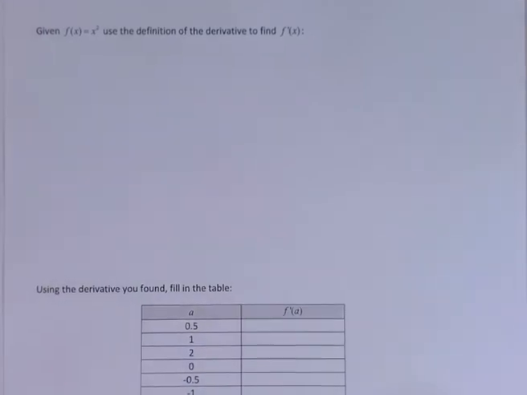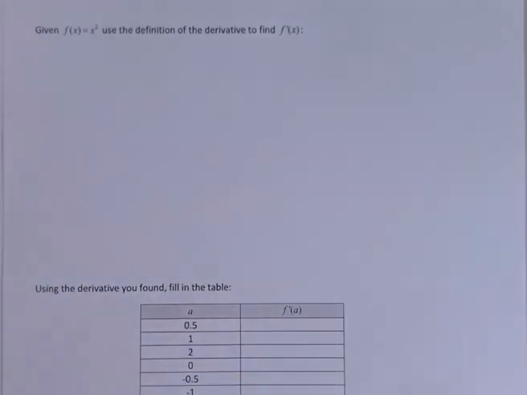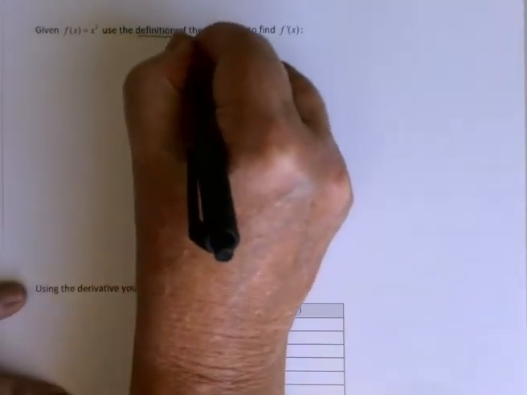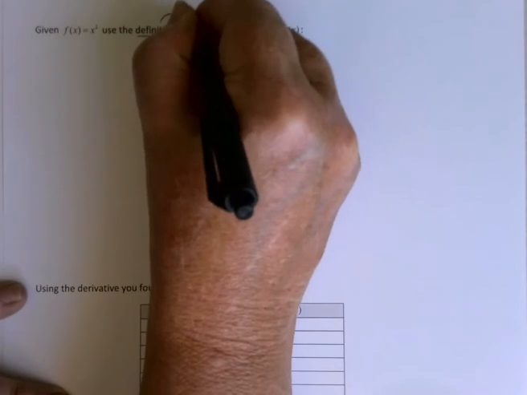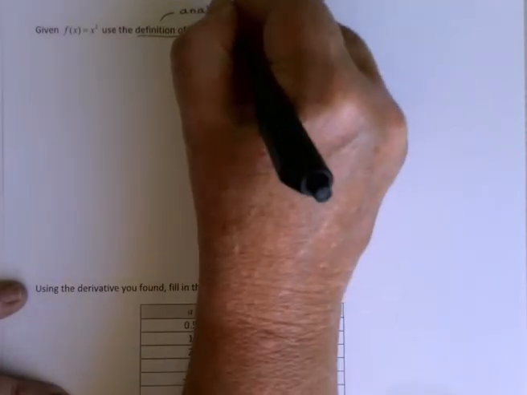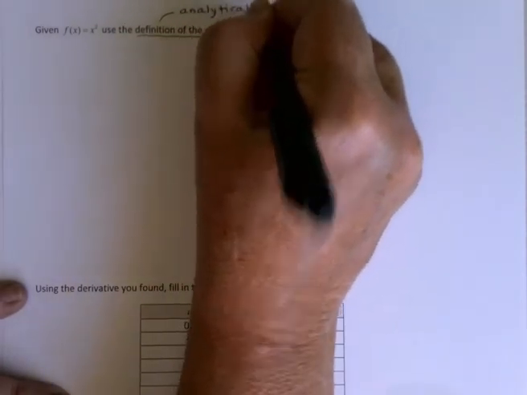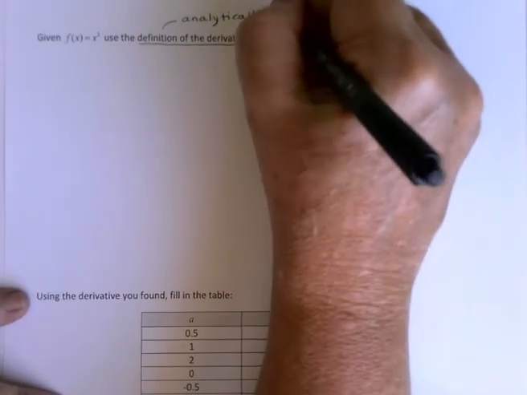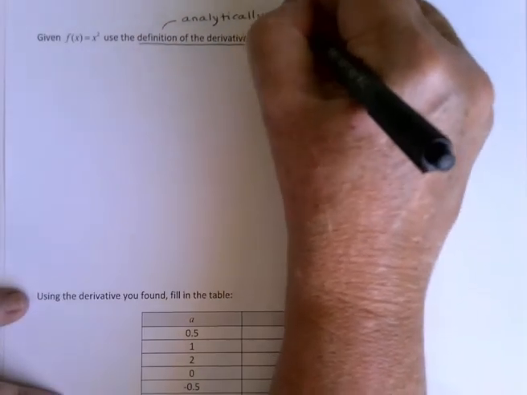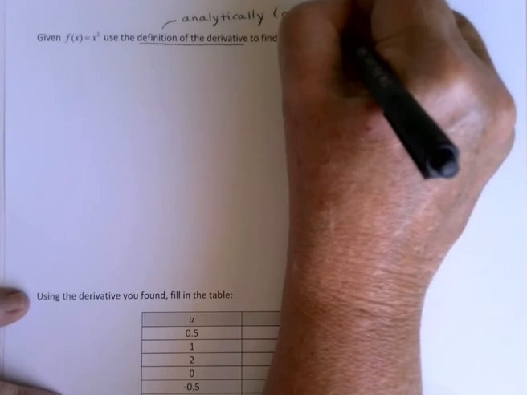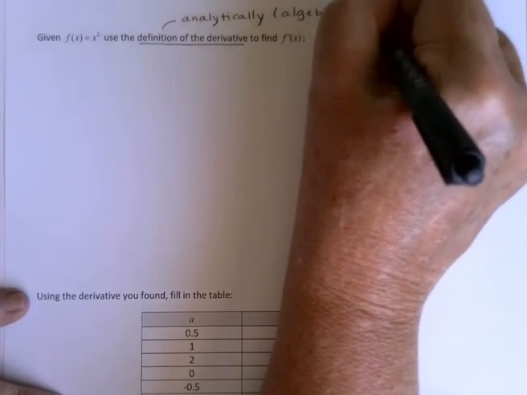We still can. And I'm now going to do the same problem analytically using what we call the definition of the derivative. So any time you see "use the definition of the derivative," that means they want you to find the derivative analytically, or in other words, algebraically.